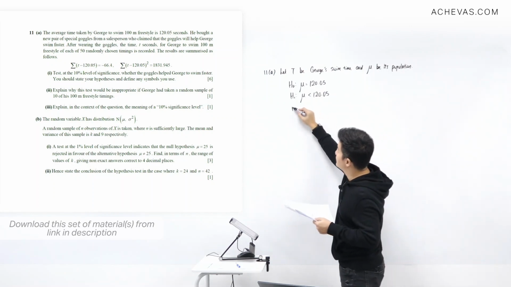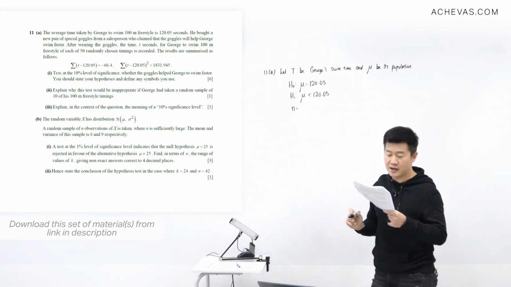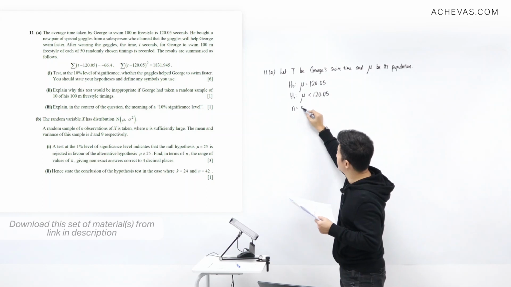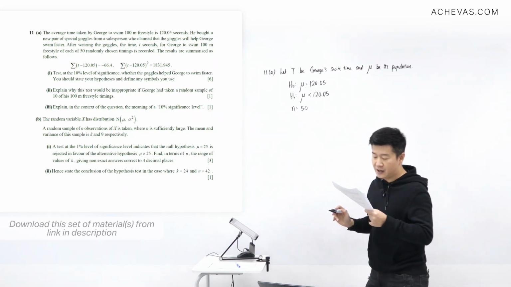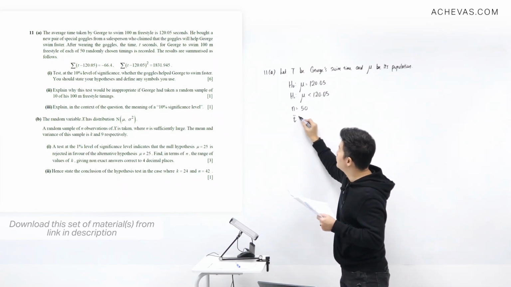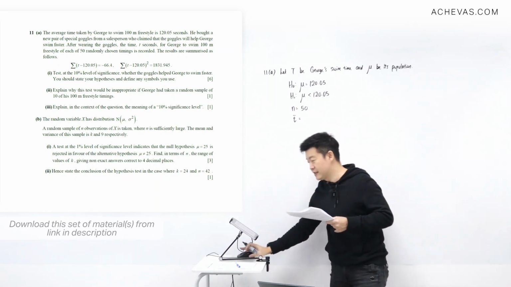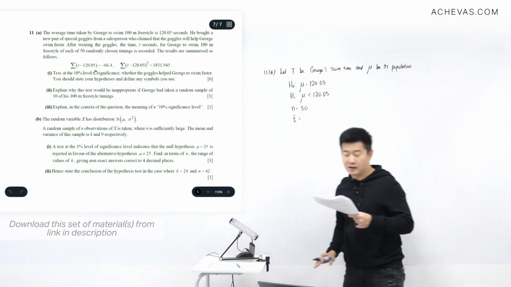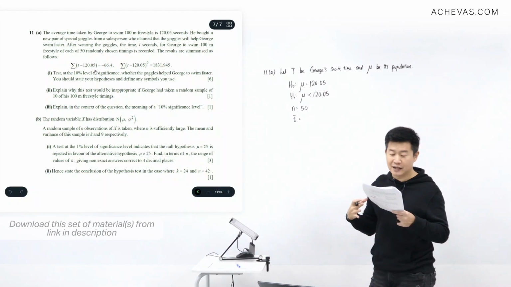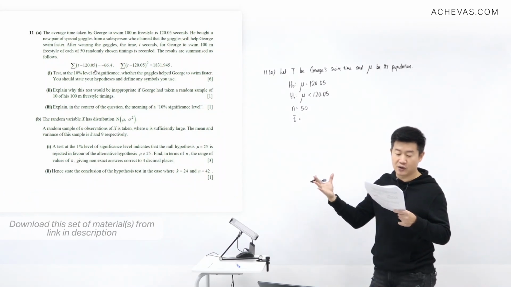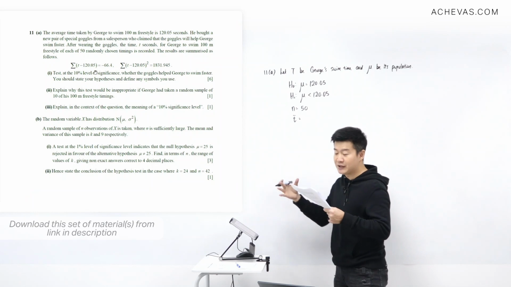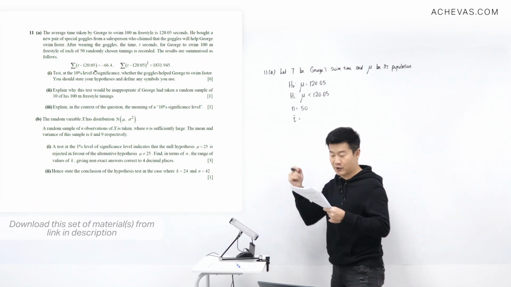The sample size that is given to us, we are looking at a random sample of 50, and the sample mean, okay, we're going to make use of this information here. This is the consolidated data, the summarized version for the 50 random sample that is recorded.